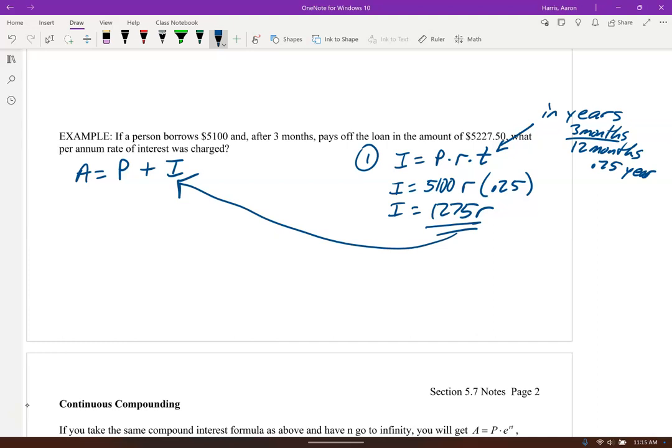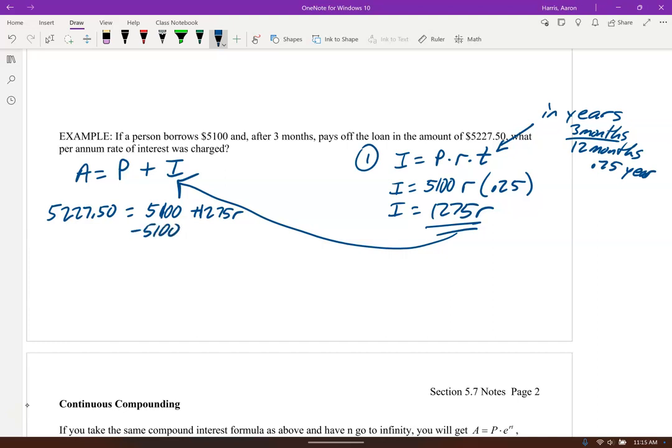The amount they paid off after that time period was $5,227.50. They initially borrowed 5,100, and the interest was 5,100 times 1/4 of a year, 0.25, times R. So that ends up being that 1275 R that we had. Let's solve for R and find our interest rate.